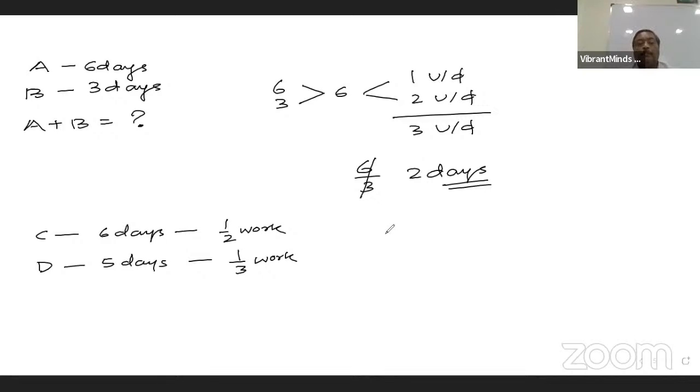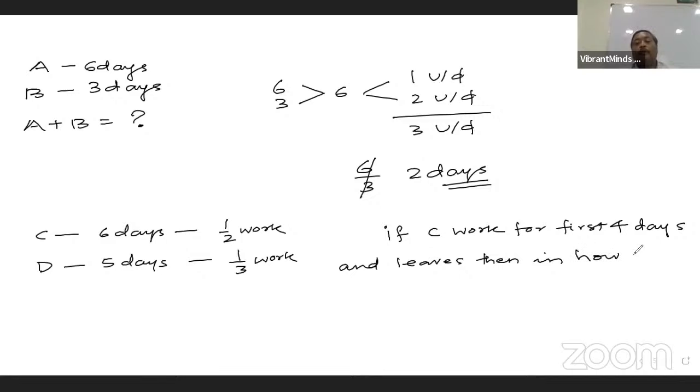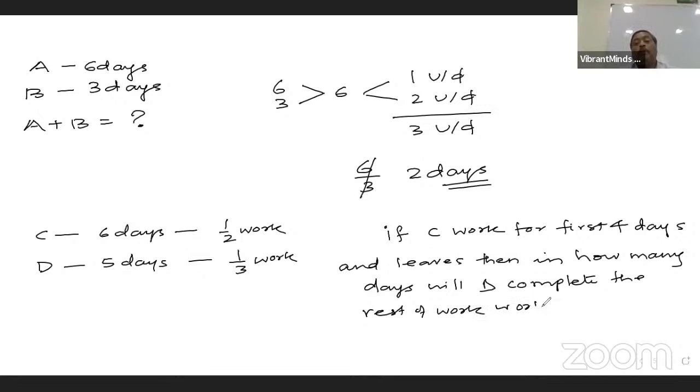Now it is saying if C works for first 4 days and leaves, then in how many days will D complete the rest of the work working alone?